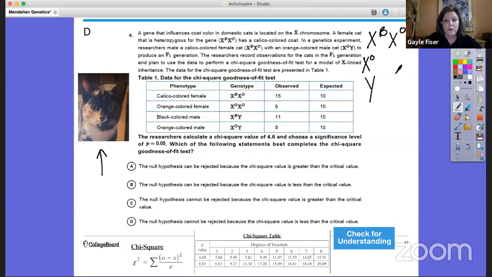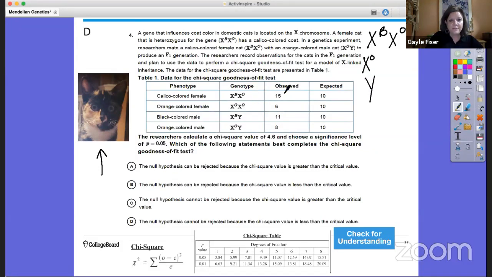The researchers record observations for the cats in the F1 generation and plan to use the data to perform a chi-square goodness of fit test for a model of X-linked inheritance. The data for the chi-square goodness of fit test are expressed in the table.